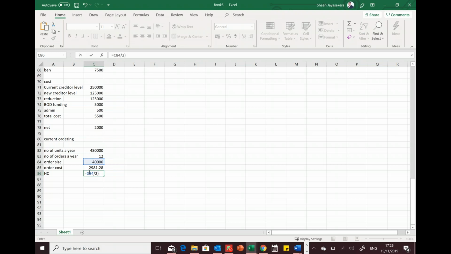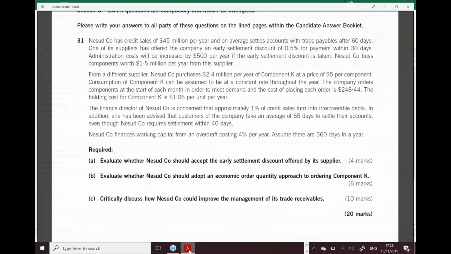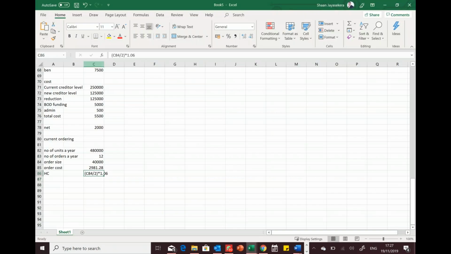And every unit is costing me roughly 1.06 to hold.